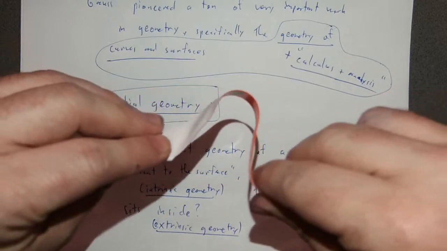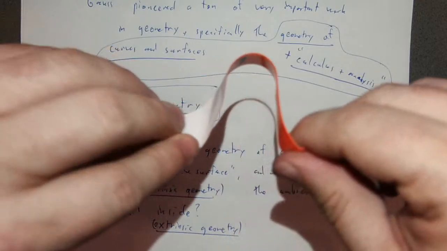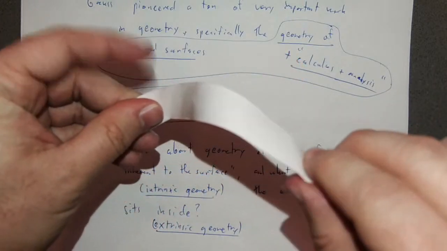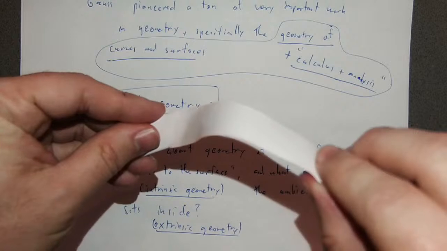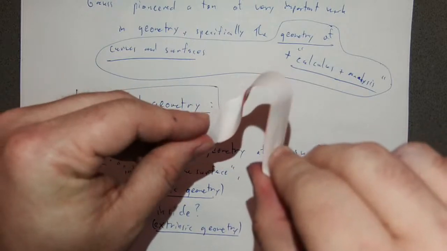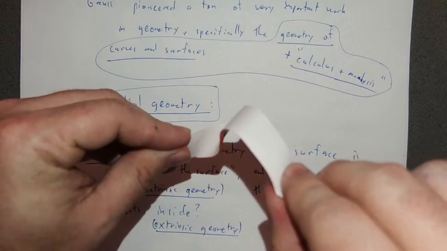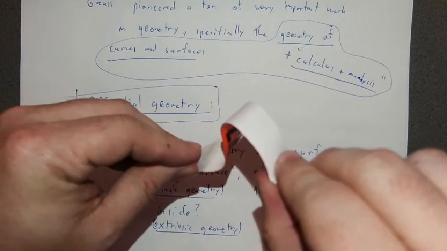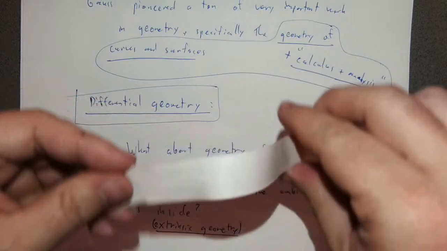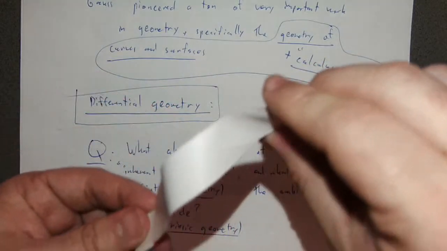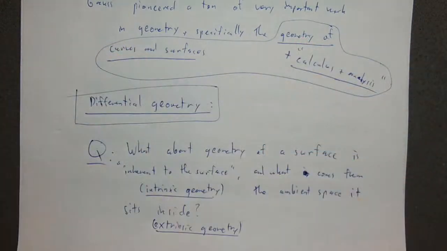But what if it's the same strip, but sitting in space slightly differently? I don't rip it or tear it or crease it, I just have it bent like that. Well, it's the same strip, but it's embedded in the ambient space in a slightly different way. So the question is, how does that affect the geometry? How does that change what's going on? That's one example of the sorts of questions they were asking.